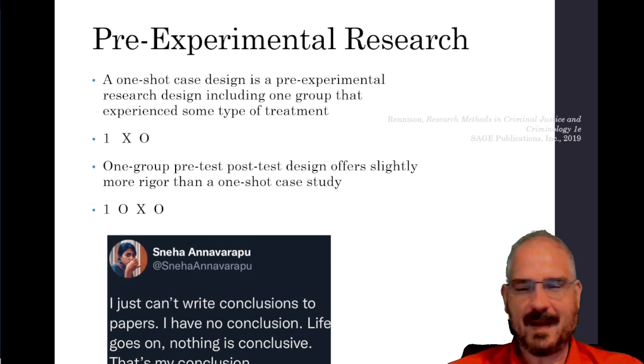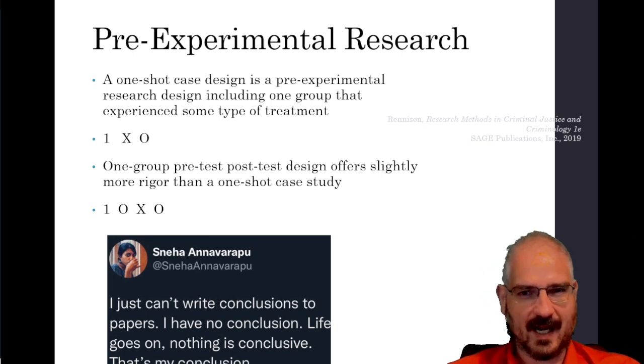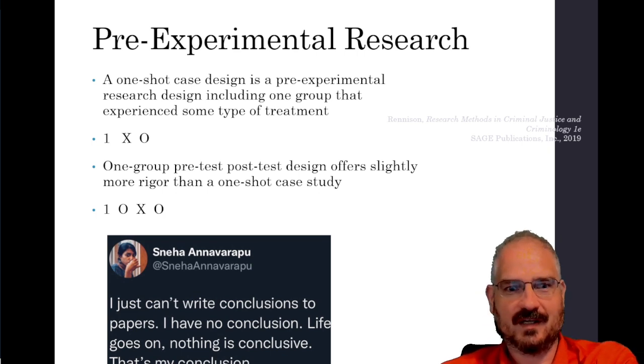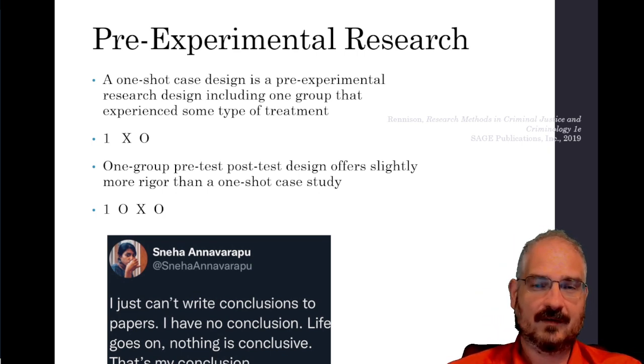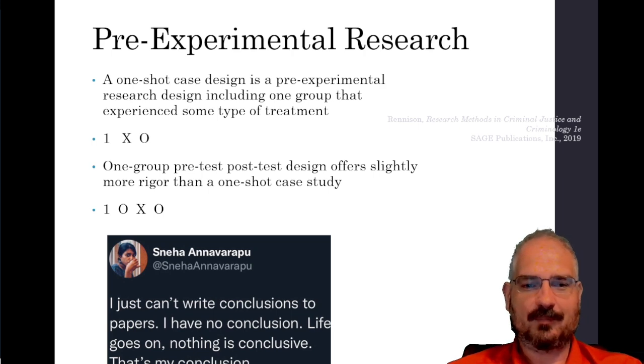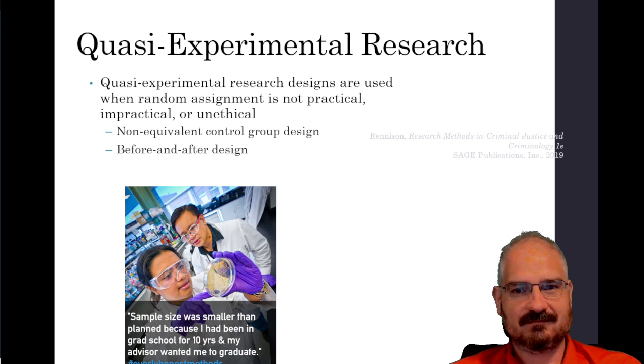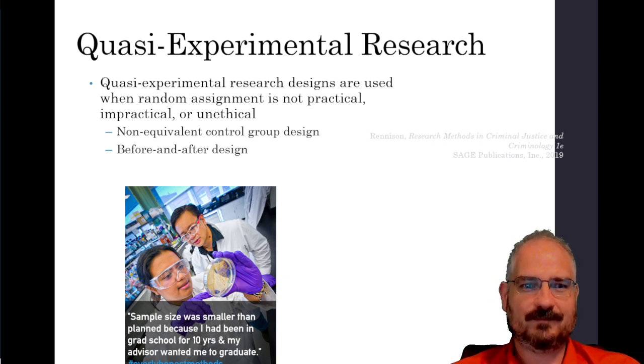And then we pass a new law about hiring and training police officers. And then we do another observation a year later to see if the crime rate has changed, right? That would be a pre-test, post-test design like that, all right? But since there's only one group, it's not a true experiment. But again, sometimes that's a requirement of the situation.